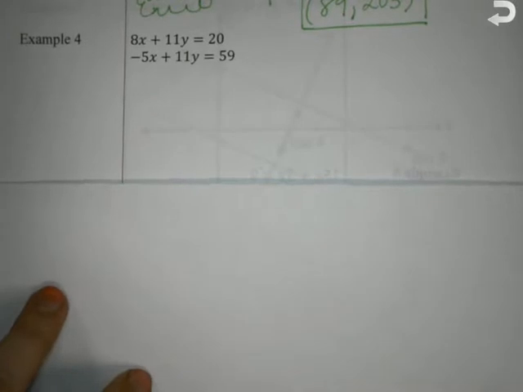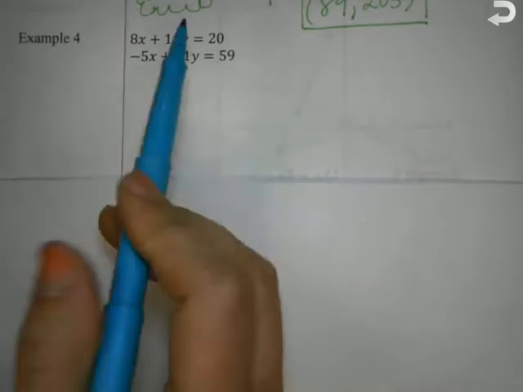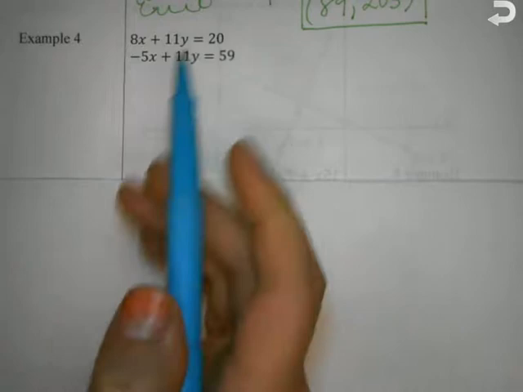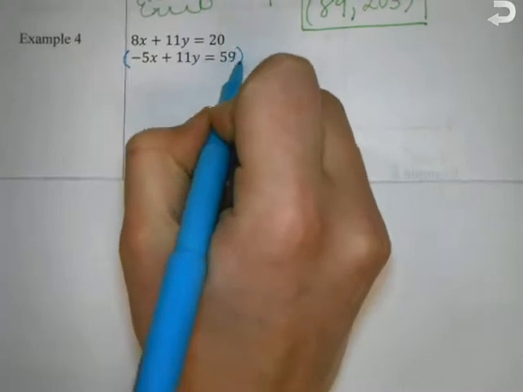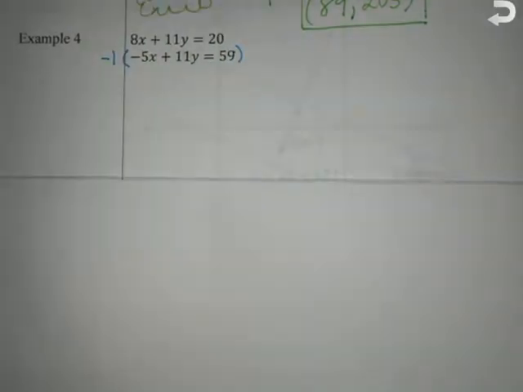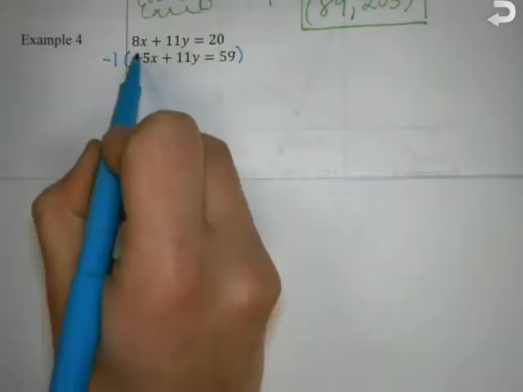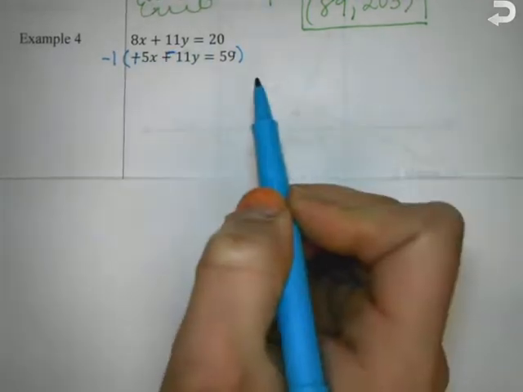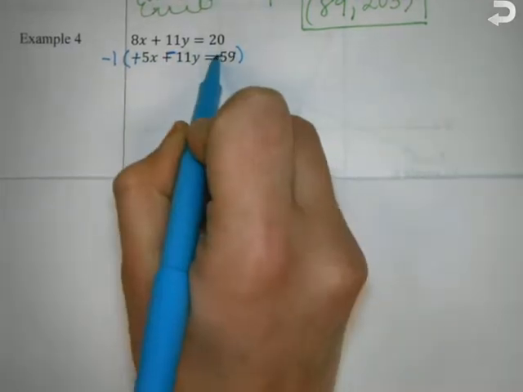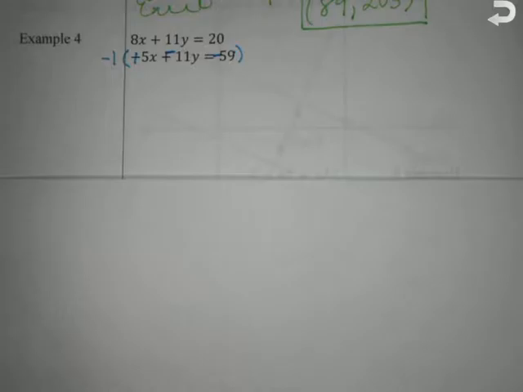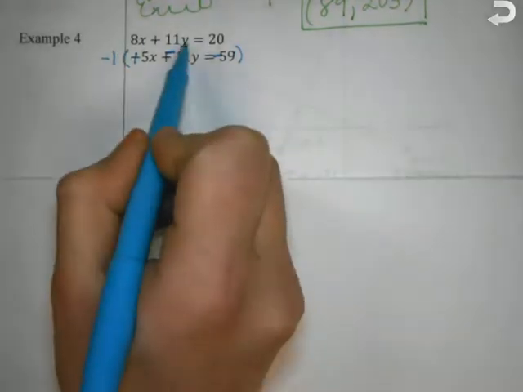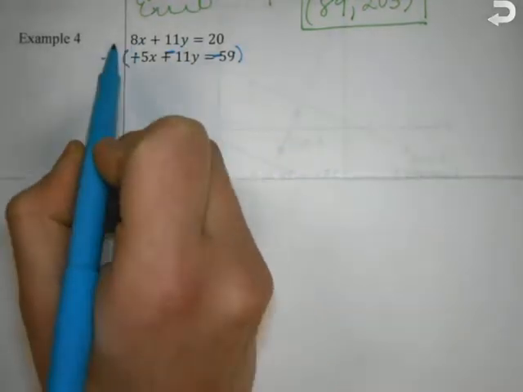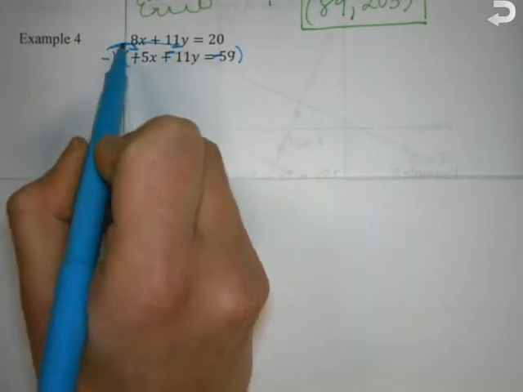If I multiply by negative 1, that makes 5x positive, 11y negative, and 59 negative. We multiply by negative 1 and distribute it in, because now I have 11y positive and 11y negative. So then they can cancel.